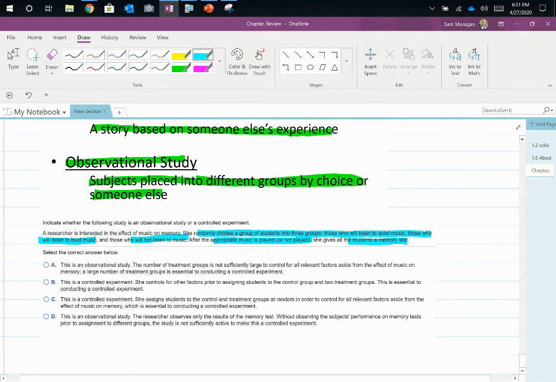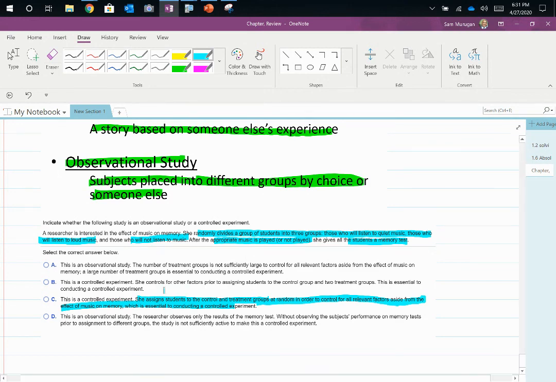And what kind of experiment is this? Now, this is obviously a controlled experiment, okay? And in this experiment, she's assigning the students to the groups at random. She's picking who will listen, who will not listen, who will listen to quiet music.